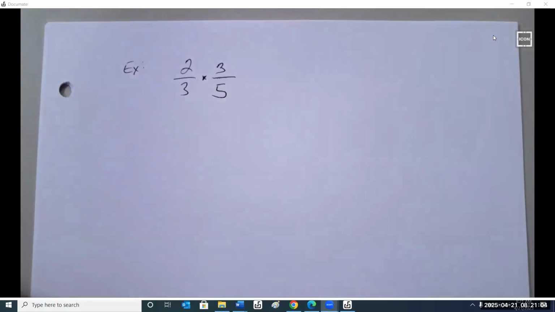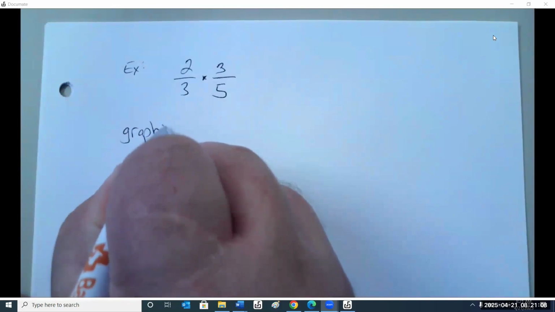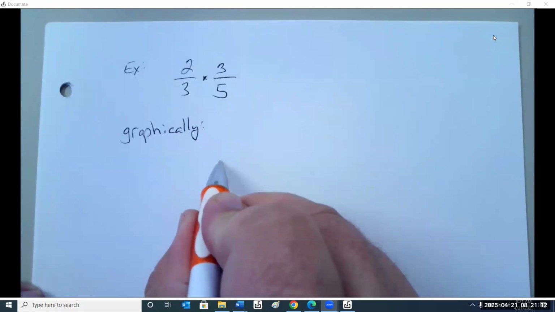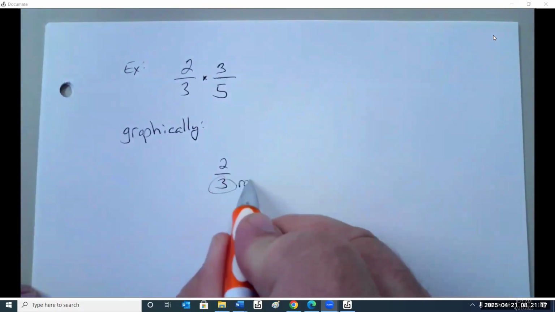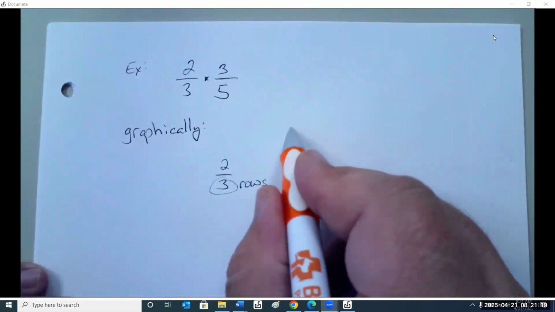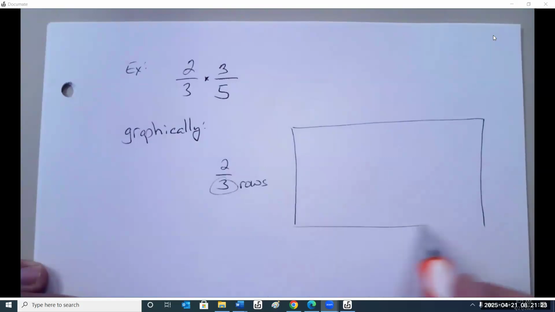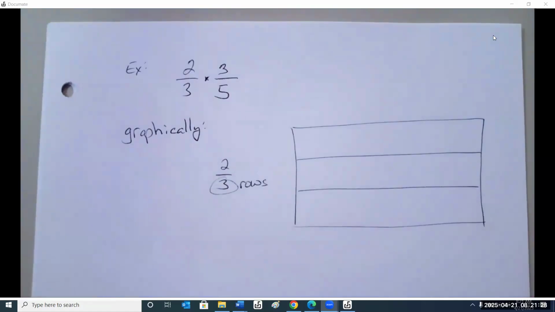All right, so the graphic one. So we have 3 rows. Five columns.